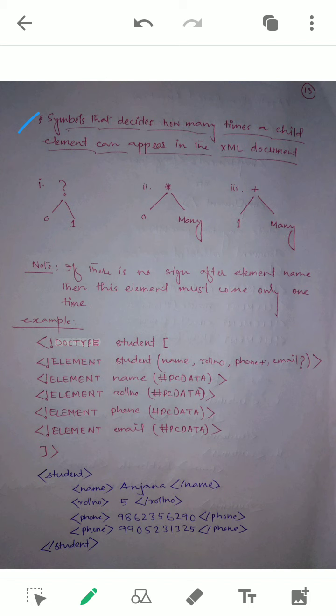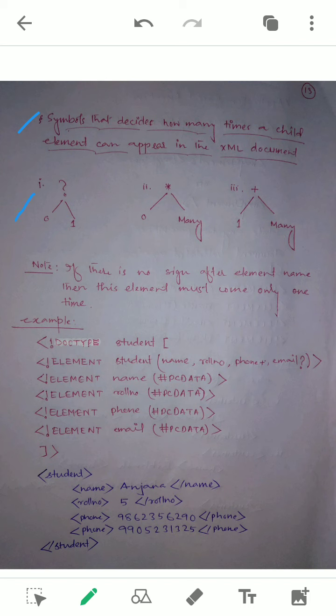So here you see that some symbols are used while writing DTD after the element name. So it will decide how many times that element may come in your XML. Okay, so first of all you see the question mark.